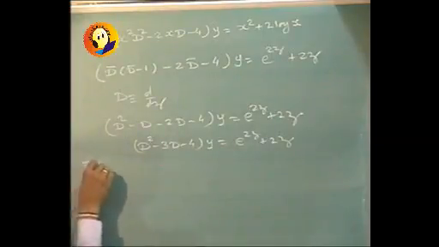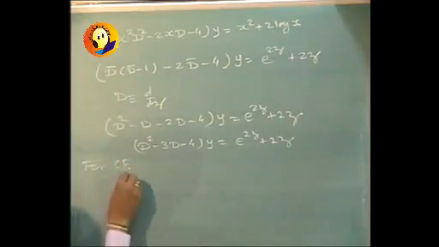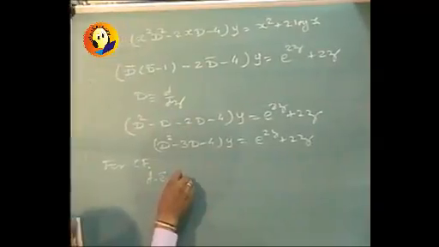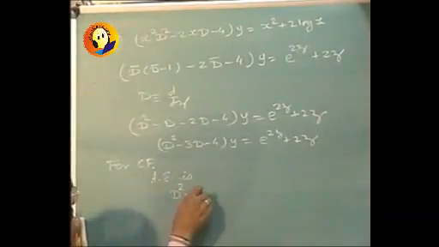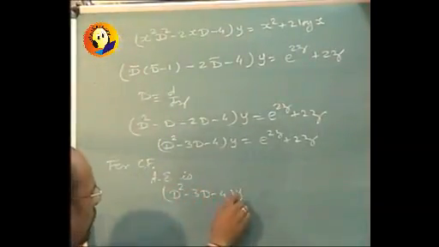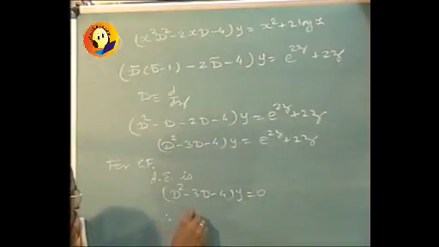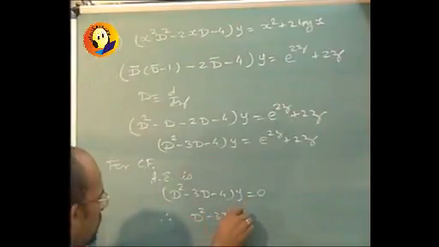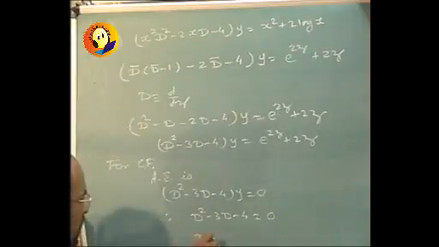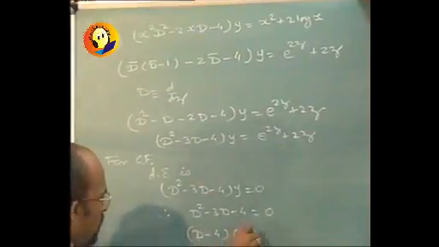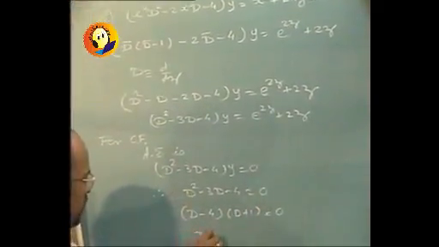For CF, the auxiliary equation is D square minus 3D minus 4 operating on y equal to 0. Therefore D square minus 3D minus 4 equal to 0, which is nothing but D minus 4 into D plus 1 equal to 0, that is D equal to 4 or minus 1.